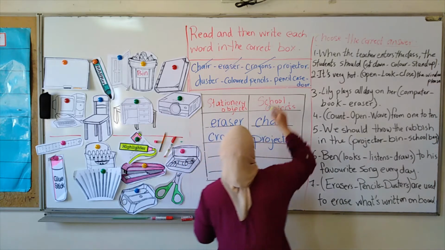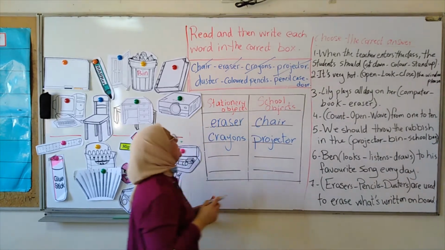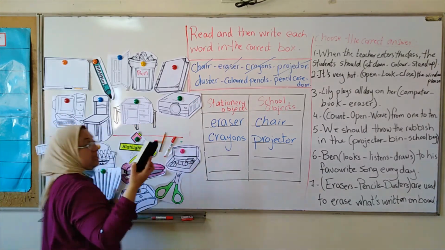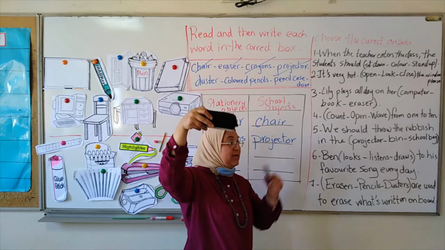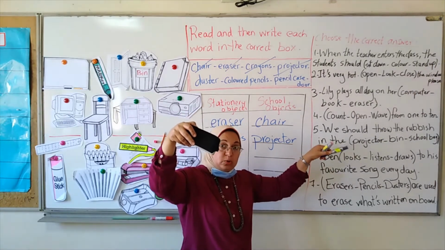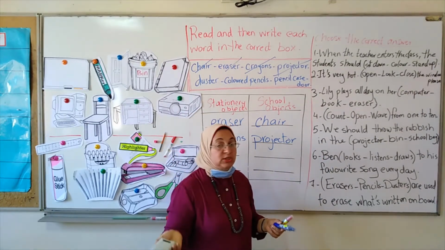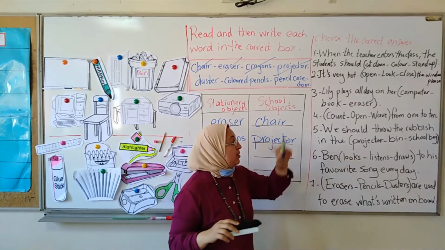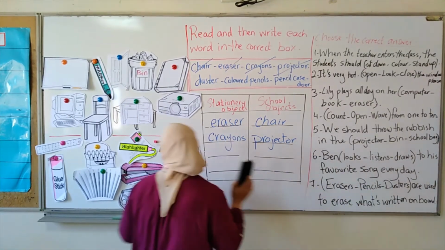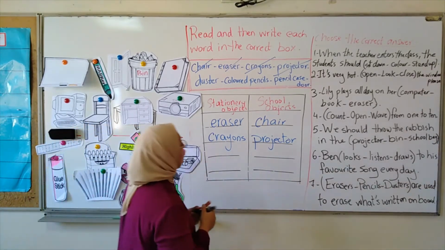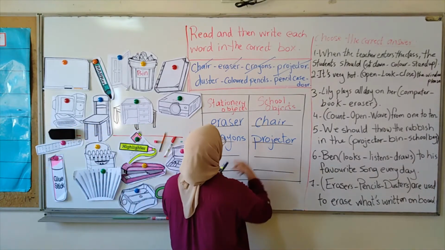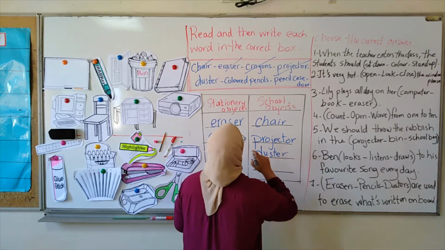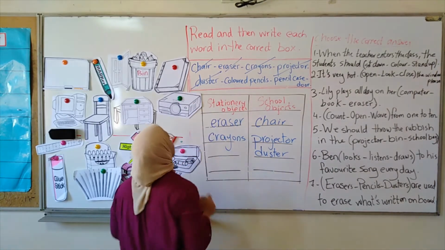Then you cross it out. Then I have duster. Can you put this duster inside your pencil case and take it to your house when you go home? Of course not. It's a school object. We just use it inside the class, and when we go home, we leave it here in the class. So we are going to write it under school objects, because I don't take it home with me. Then after I write it, I cross it out.